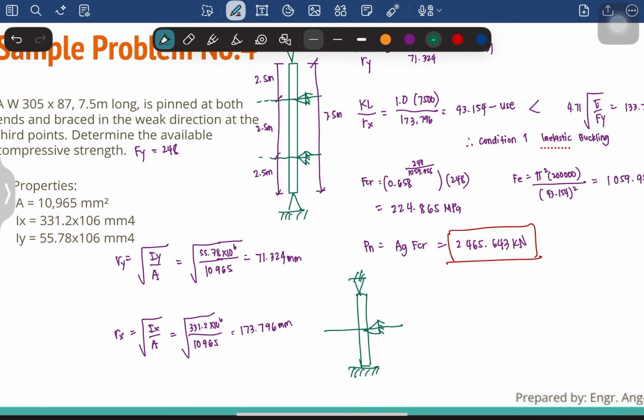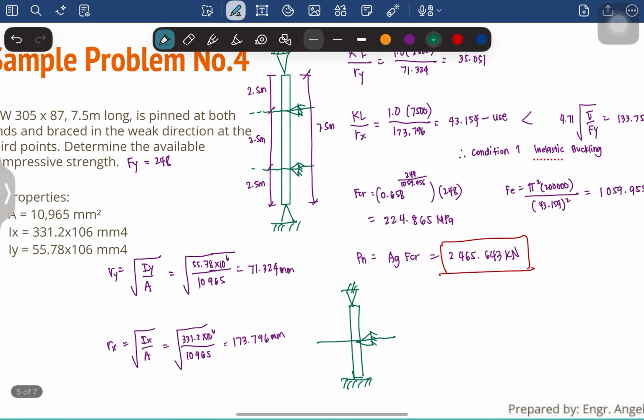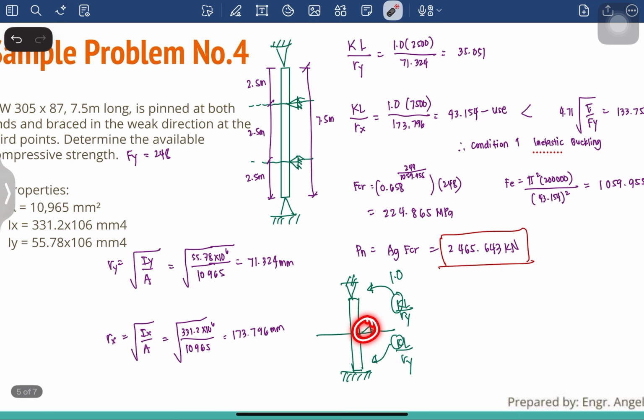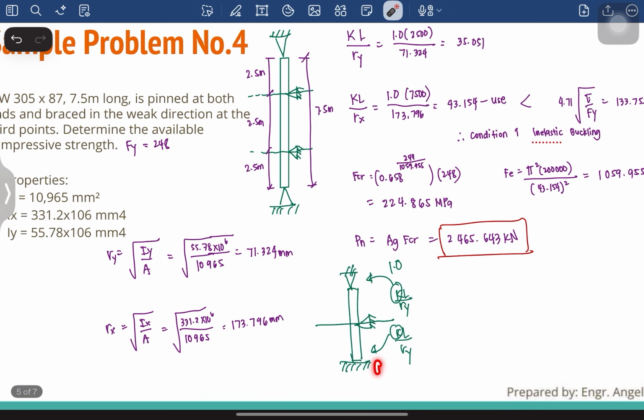So, mag-a-act siya as pin support. So, makukompute mo dito, dalawa yung makukompute mo, KL over ry. Kasi, yung K dito sa taas is both pin, kaya 1.0. While for this one, pag isa is pin and isa is fixed, di ba, yung K as per provision is 0.7. Then, i-check niyo kung alin sa dalawa.